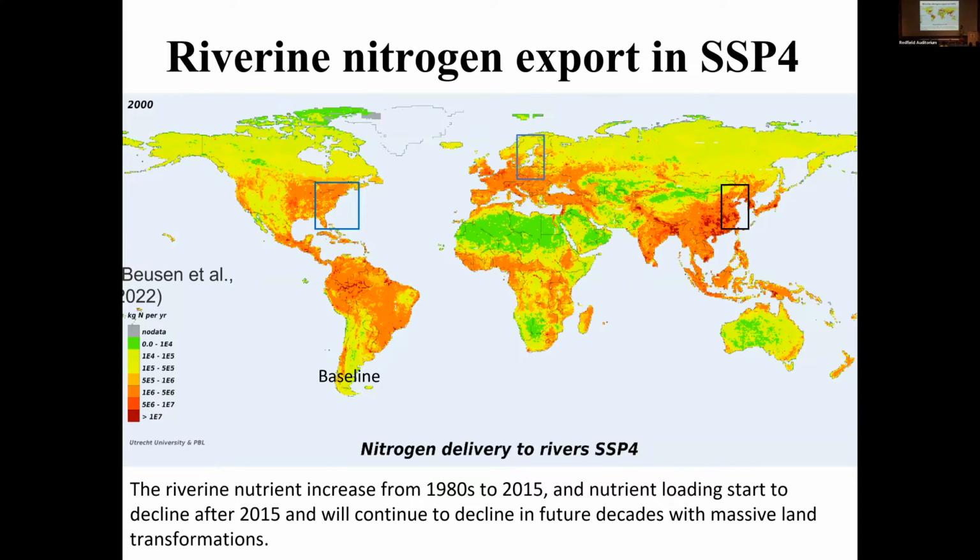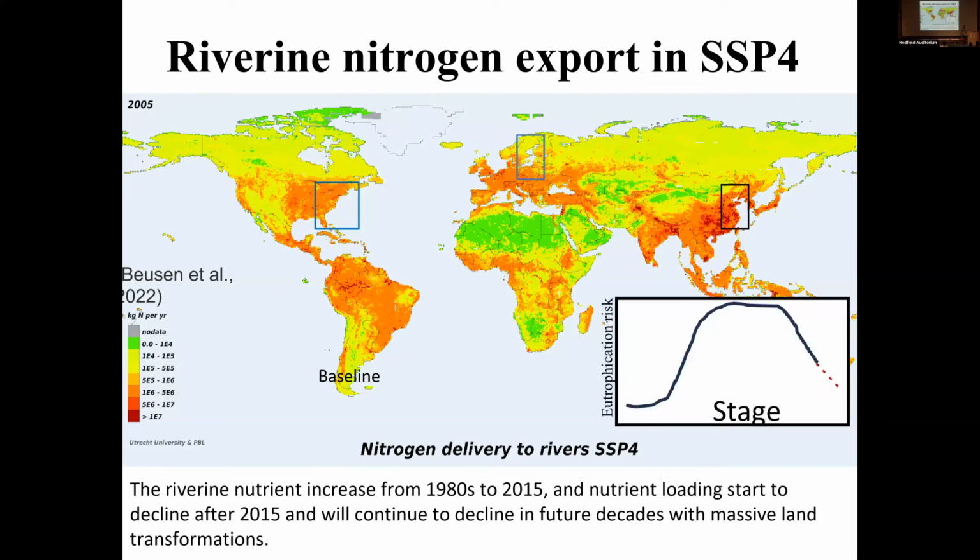So the general pattern from 1980 to 2015 is that the nutrients increase to the coastal region. And then around 2015, the nutrients start to decline and continue to decline until 2050 with massive agricultural practice improvement. Okay.